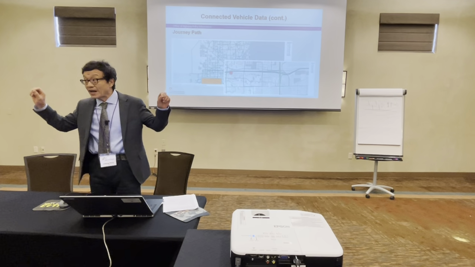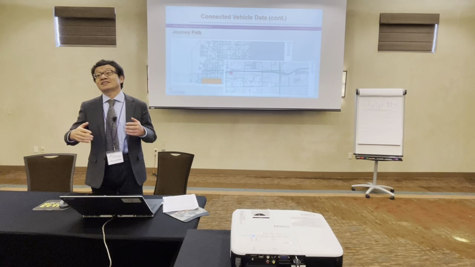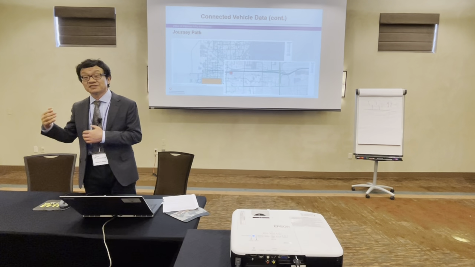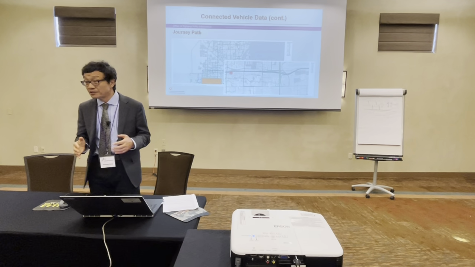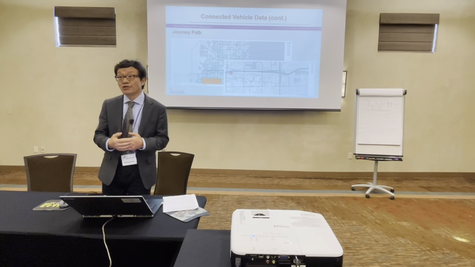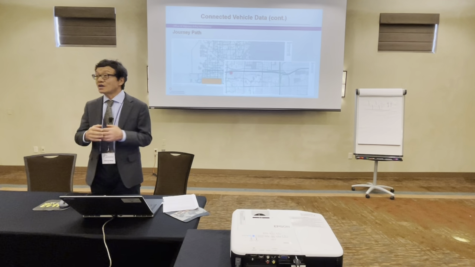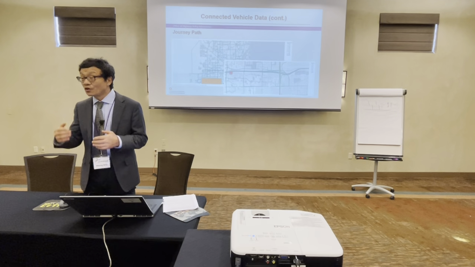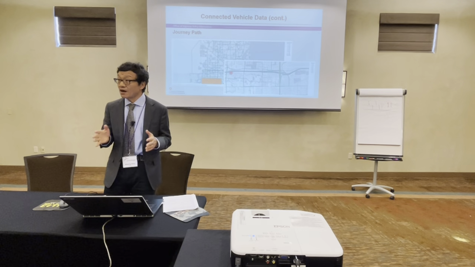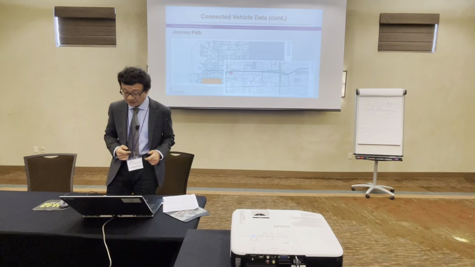Having this journey path map, we can easily combine it with other existing GIS features, for example, the Arnold geometries or the NPMRDS TMC segment. Once you calculate it together with them, we can easily understand the volume at any particular hour, at any particular road segment.